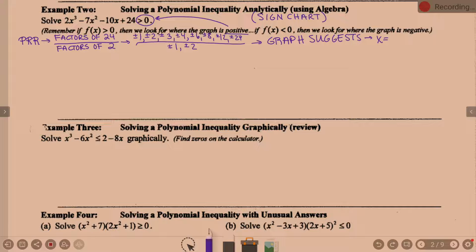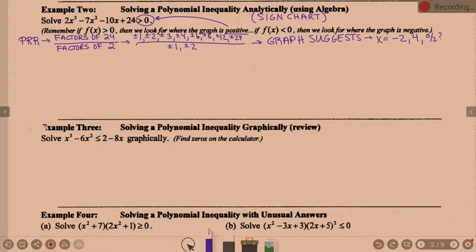Okay. I've got mine graphed. You getting yours graphed? What is that graph suggesting? What do you think, Natalie? -2, positive 3 halves, and positive 4. Okay.